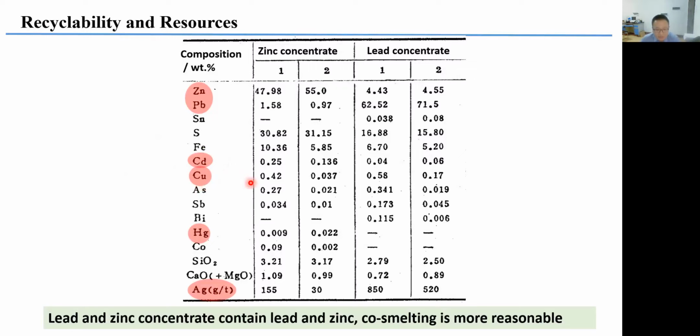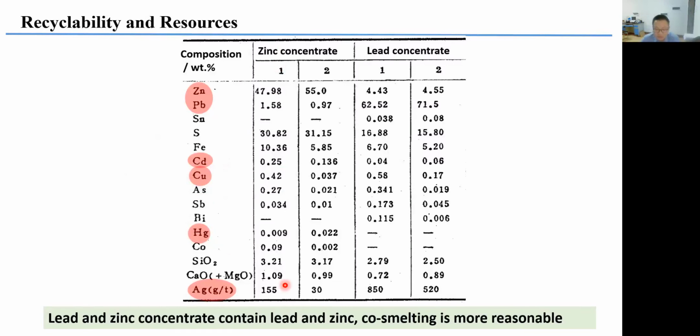It can be recycled, and as I have mentioned, the copper content can be 0.4%, and high mercury and arsenic, so they are toxic elements, and they should be well monitored in the process of zinc. And besides those toxic ones, one precious metal, silver, so it's quite high in zinc concentrate.